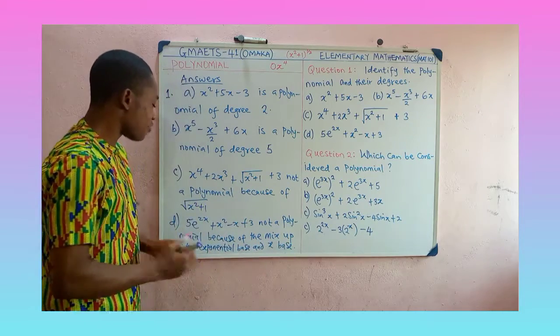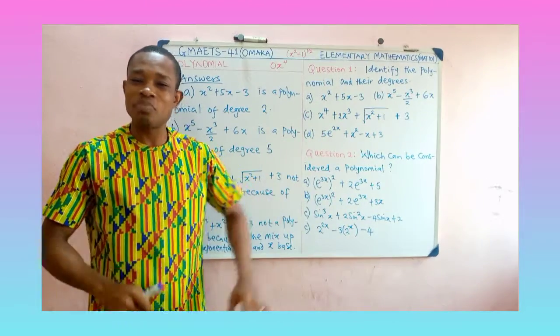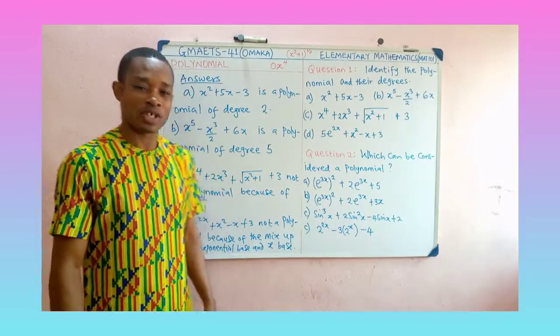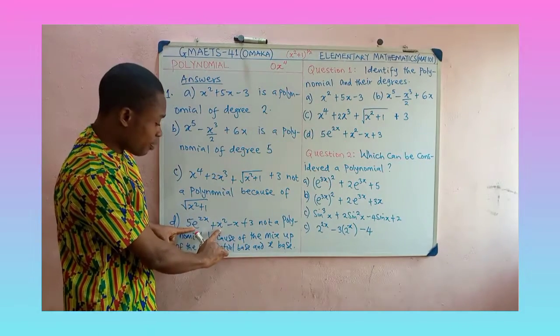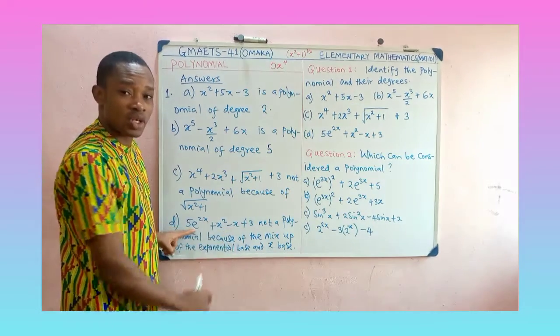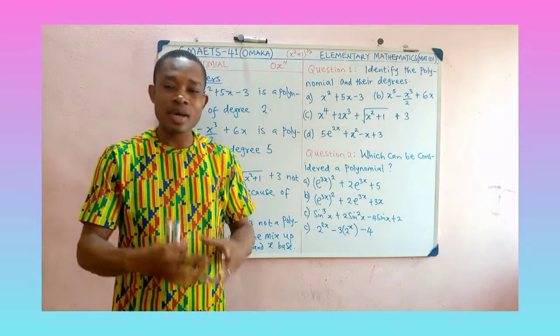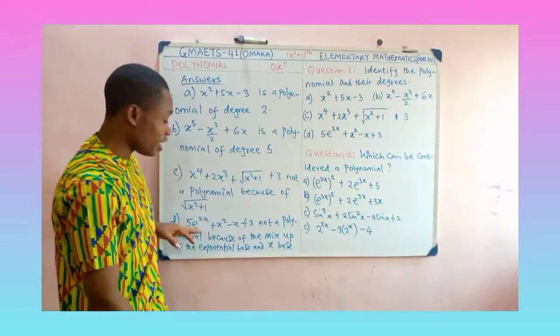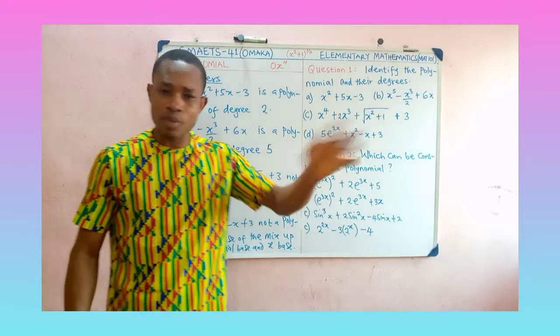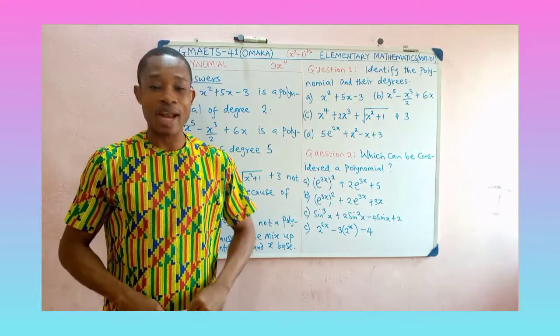You can't have two different functions as base in a given polynomial expression. The base there is an exponential function, 5 to the 2x, and then the other terms are x terms. That mix-up is not allowed. It's either everything is exponential base or everything is x base. Then you check the powers to know whether it's a polynomial or not.